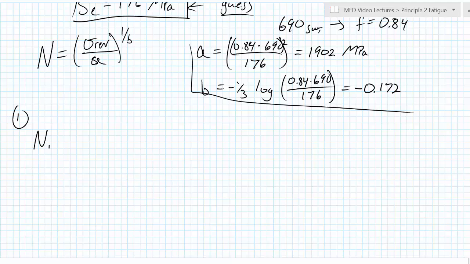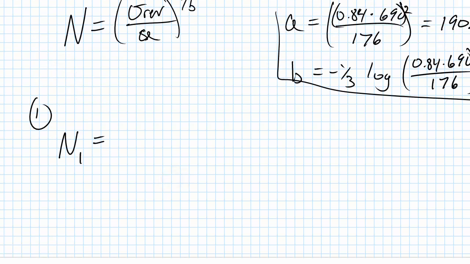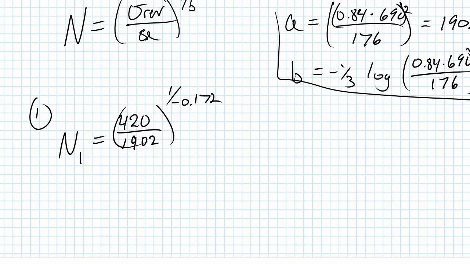So for N1, that is the number of cycles that will last at that first level of loading. We need to calculate the loading at that level, which is 420 megapascals, divided by our a, which is 1,902 megapascals, raised to the 1 over negative 0.172.